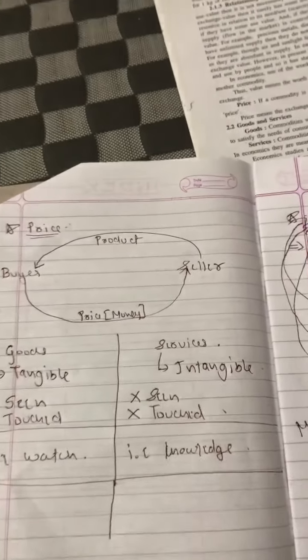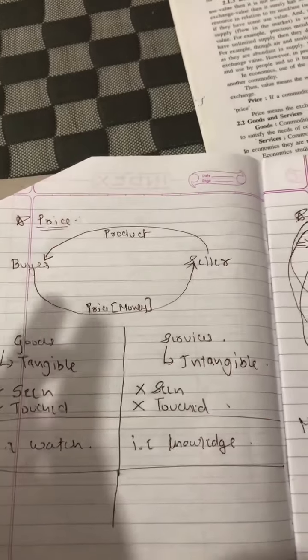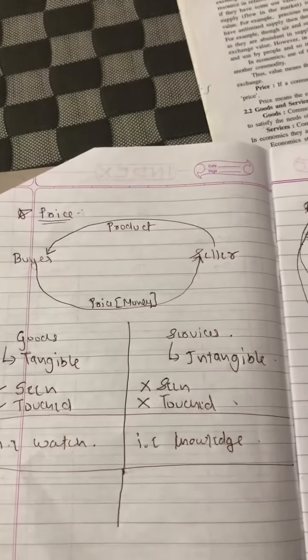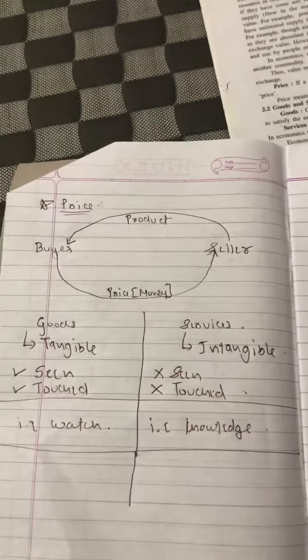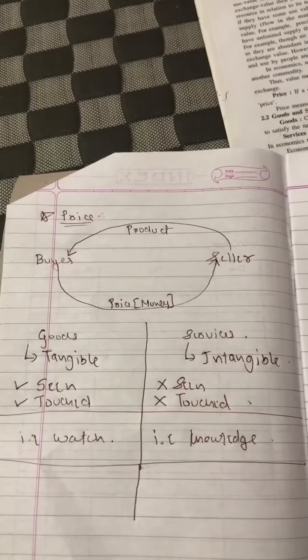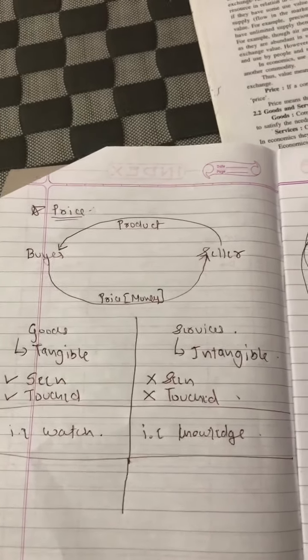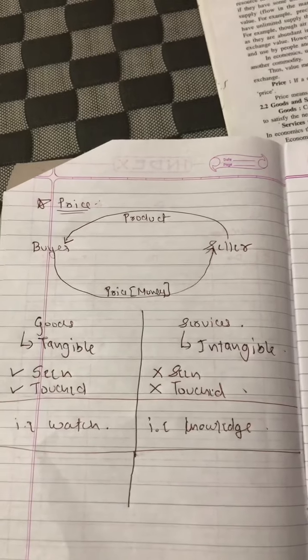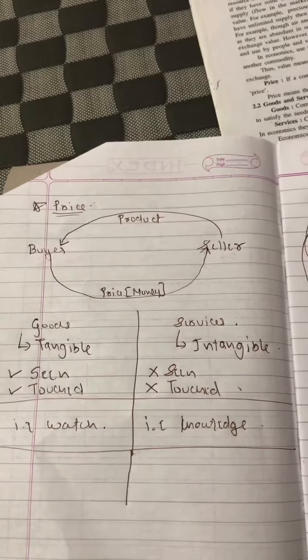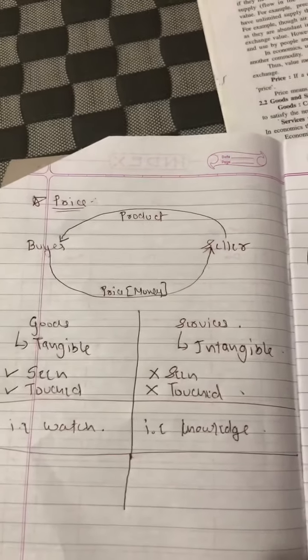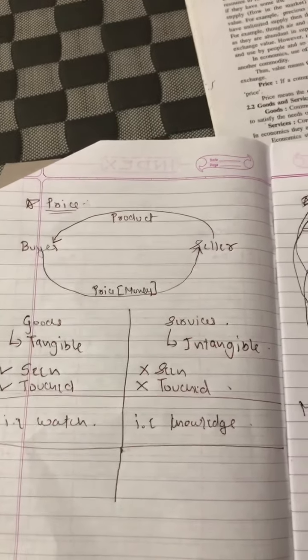Now moving forward to price. Always remember that whenever you go to buy any product as a buyer, you will get the product and you will pay the price. For example, if you go to Blue Moon or Novelty to buy a mobile phone, you will give money, or you will give the price, and you will get a phone, right or wrong?